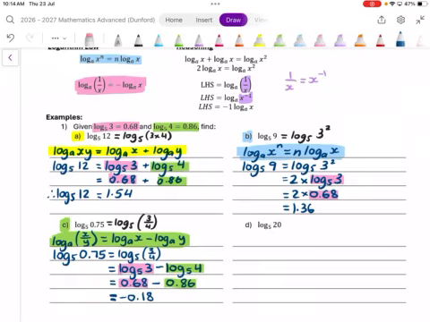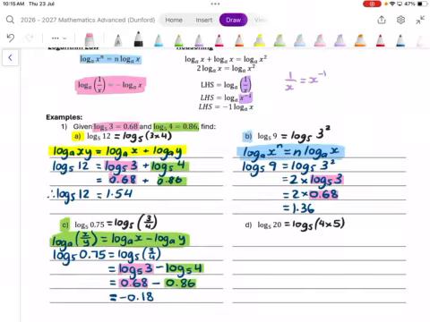Now, the last one that we have is log base 5 of 20. Now, how can we get 20 either using our 3, 4, or we can also use our base of 5? How can we use 3, 4, or 5 to make 20? 5 times 4, right? So what we will have is log base 5 of 4 times 5.